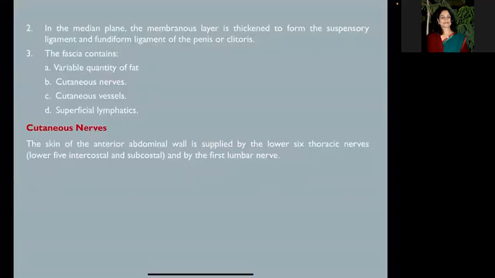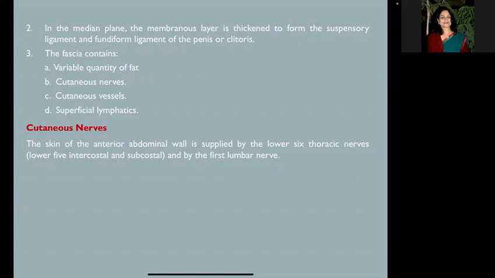So what are the contents of this fascia? It contains a variable amount of fat, cutaneous nerves, cutaneous vessels, and lymphatics. We are talking about superficial fascia.